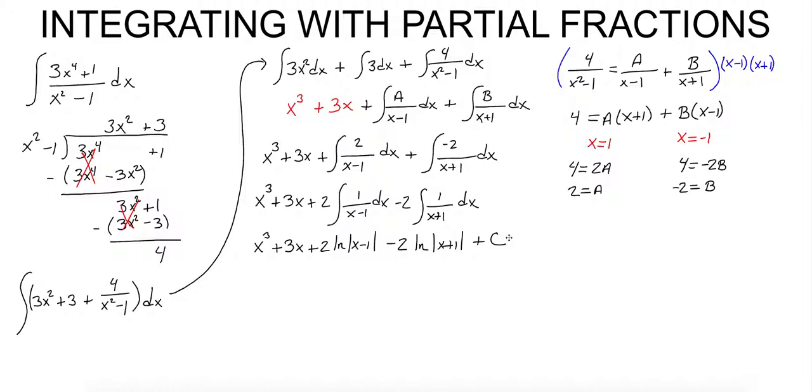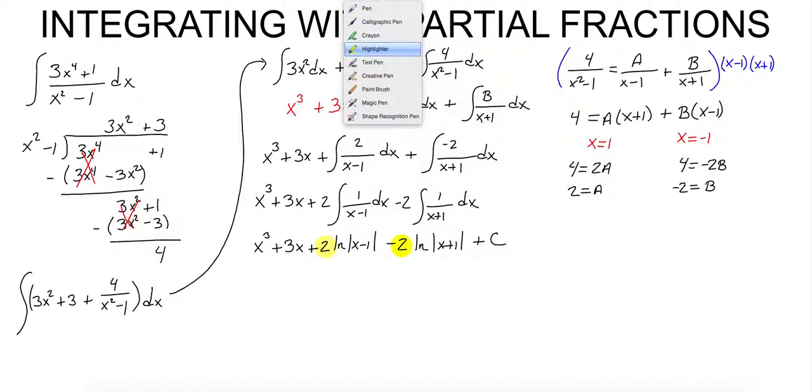And so what we can do, this can actually be simplified a little bit. Remember that if you have a coefficient in front of a logarithm, it can be written as an exponent. So if I go ahead and rewrite this, it's a little bit simpler.